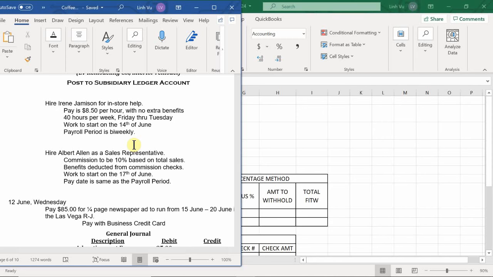And then work to start on the 17th of June. So pay date is going to be the same as the payroll period. So this person is also going to get paid bi-weekly. But this person is going to start on the 17th of June, and their job is just to do a sales representative job. That's all that they're responsible for.